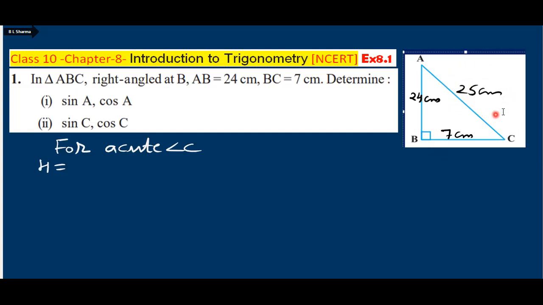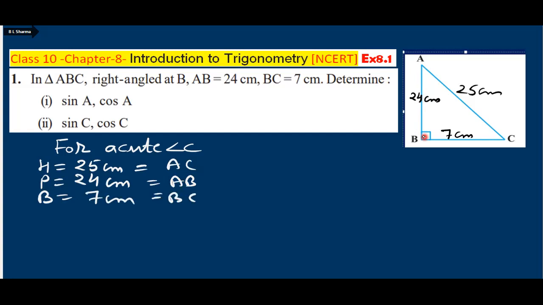AC is the hypotenuse, and that is 25 centimeter. देन परपेंडिकुलर वो साइड होती है जो एंगल हम कंसीडर कर रहे हैं उसके ऑपोजिट साइड, उसके सामने वाली साइड. तो देखिए, we are considering angle C, that is acute angle, और उसके सामने वाला साइड है AB. So AB will be perpendicular and perpendicular will be 24 centimeter, and the remaining third side is base, that is BC, that is 7 centimeter.